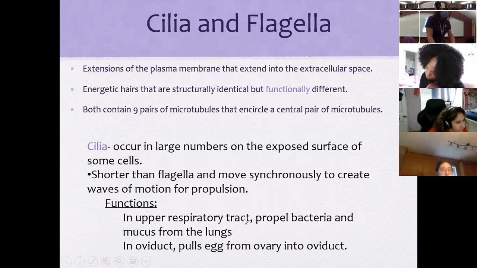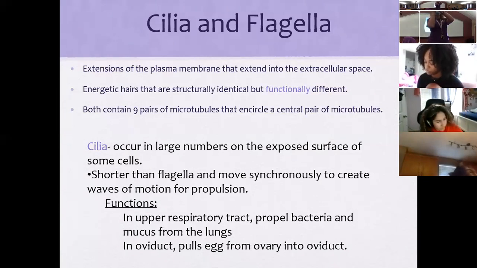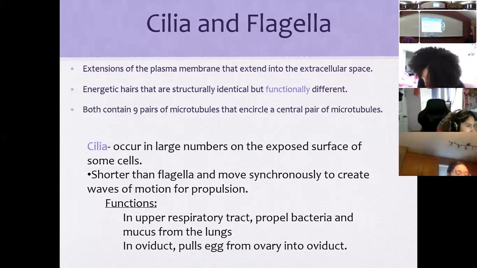Cilia reminds me of a sea anemone. They kind of do this crowd surf wave. They're going to be very short, but there's going to be a lot of them. A great example of where we see cilia is in our lungs and in our trachea.